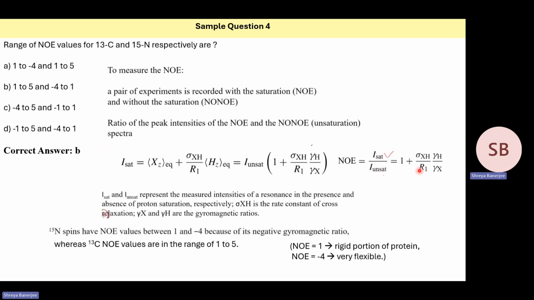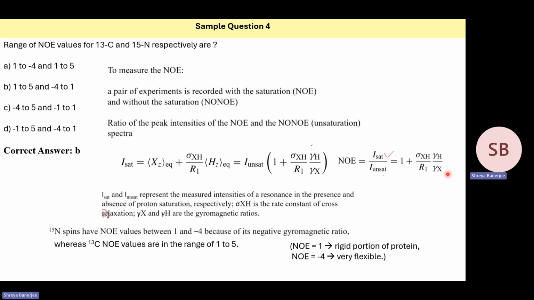And the NOE comes out to be 1 plus sigma XH by R1 into the ratio of gyromagnetic constants of hydrogen and the heteronucleus. So sigma XH is the rate constant of cross relaxation between X and H, and R1 is the longitudinal relaxation rate.